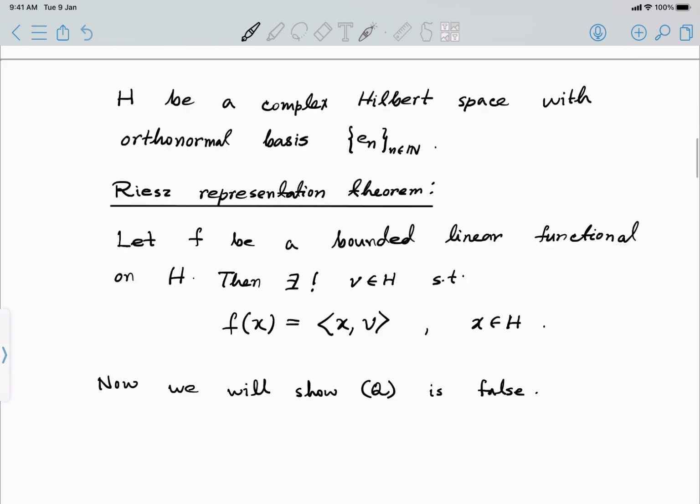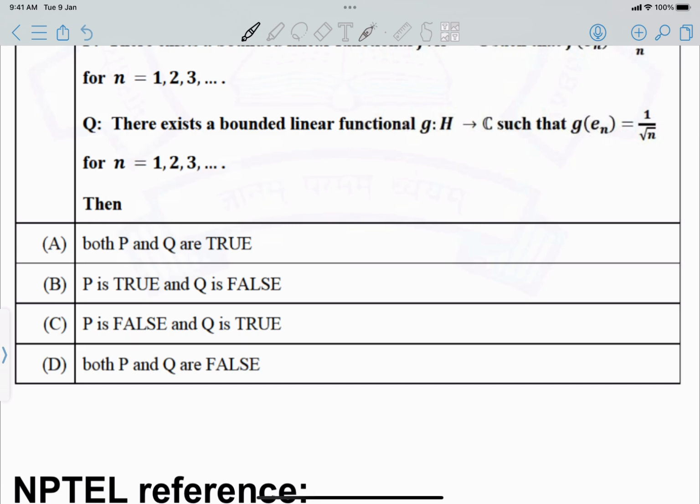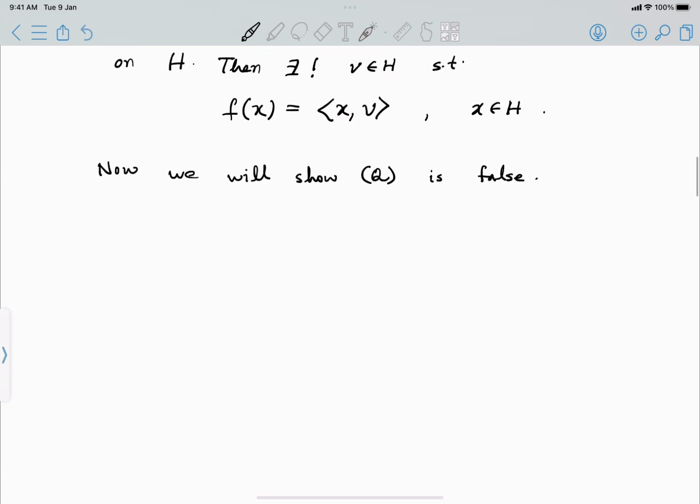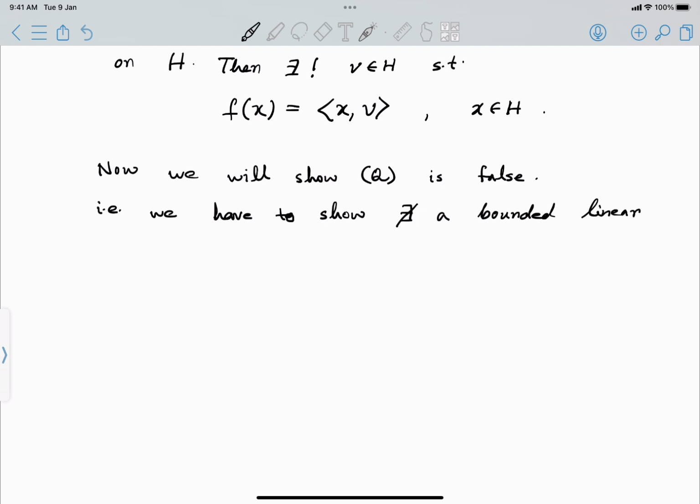For that we have to show that there does not exist a bounded linear functional G such that G on the basis elements gives the value 1 by square root n.